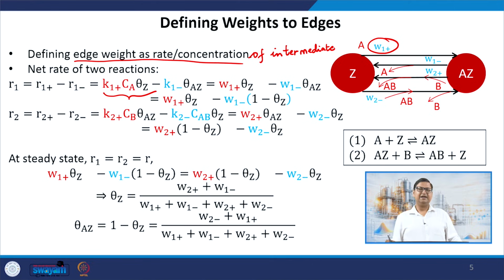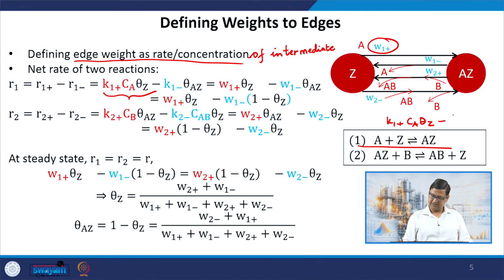So now we can write the net rate of the first reaction as the difference between the forward rate minus the backward rate. The forward rate for the first reaction is my K1 plus Ca theta Z, and the backward rate is K1 minus theta Az.